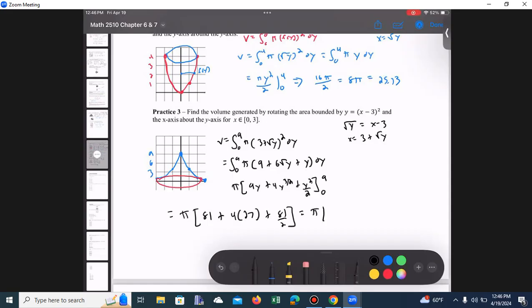So pi, let's see, 4 times 27 is 108 plus 81, 189, plus 81 over 2, 229.5. That's about 720.996.